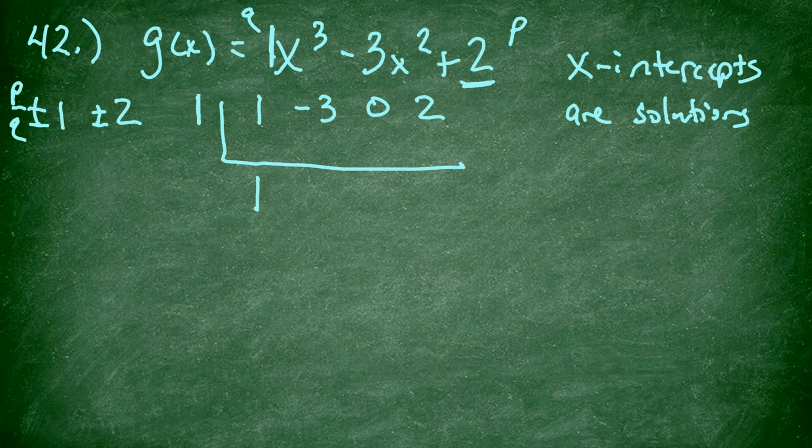I'm going to put 1 on the outside. Drop down the 1. 1 times 1 is 1. Negative 3 plus 1 is negative 2. 1 times negative 2 is negative 2. 0 and negative 2 makes negative 2. One times negative 2 is negative 2. No remainder. So 1 is a solution.